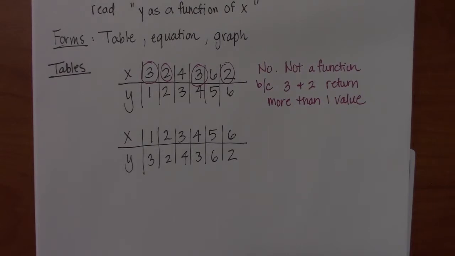When I switch the rows, however, and we look at the next one, well, x is 1, 2, 3, 4, 5, 6. That's a function because the values in the x row appear only one time each, right? And it's okay that f of 1 is 3 and f of 4 is also 3. It's okay if 2 different x values map to the same y.